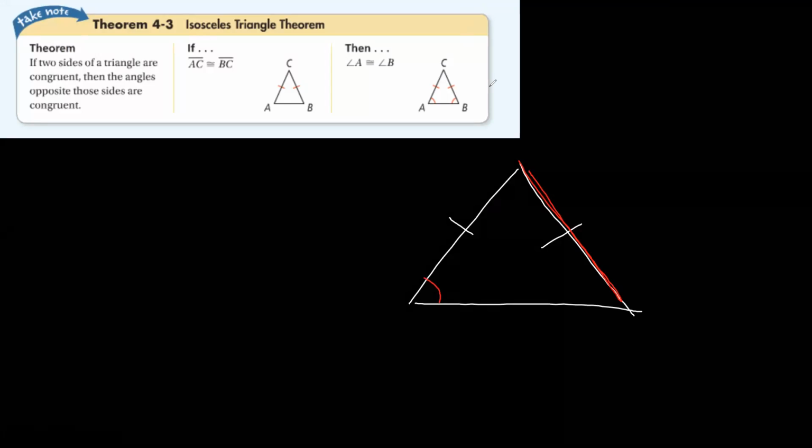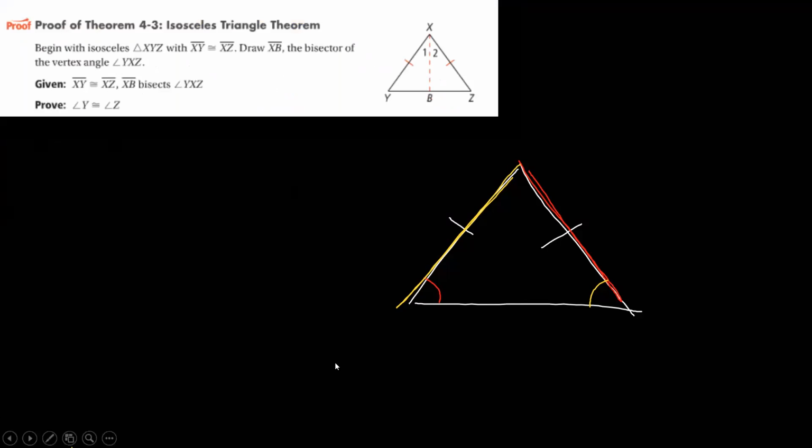And for this side, the yellow one, this is its opposite angle. Because of that, if the red and the yellow sides are congruent, then the angles opposite them are congruent too. This is my first theorem, and we proved this theorem.